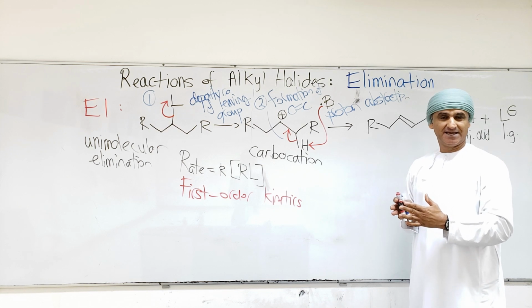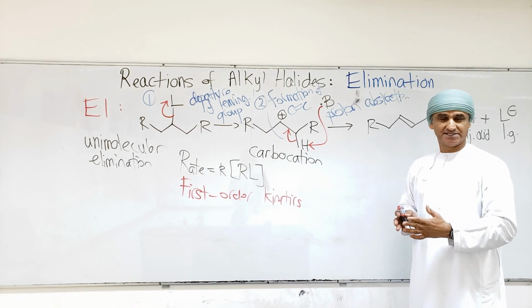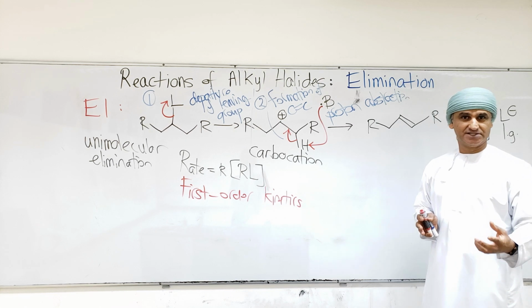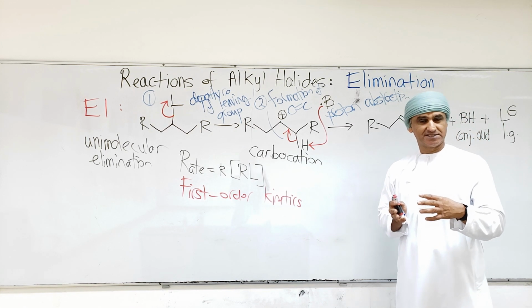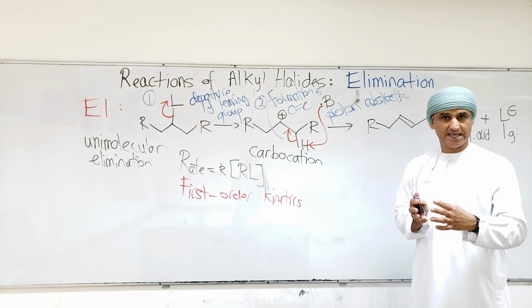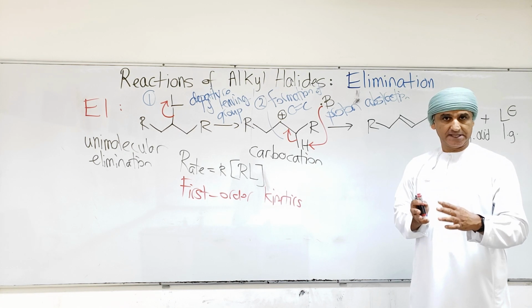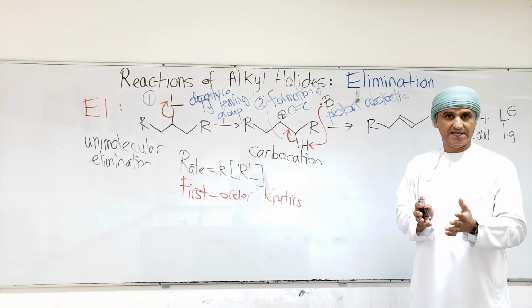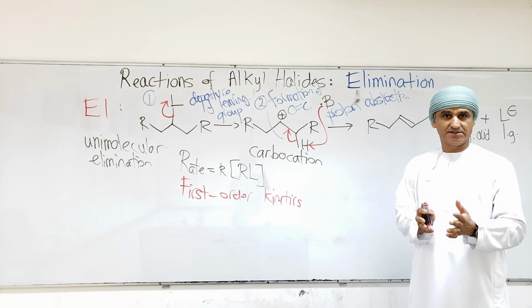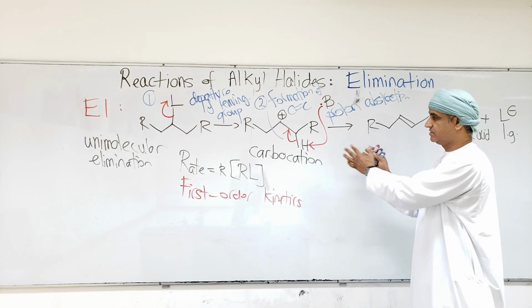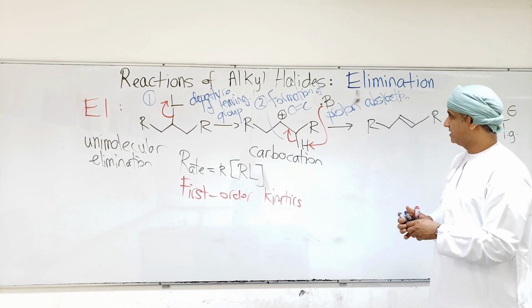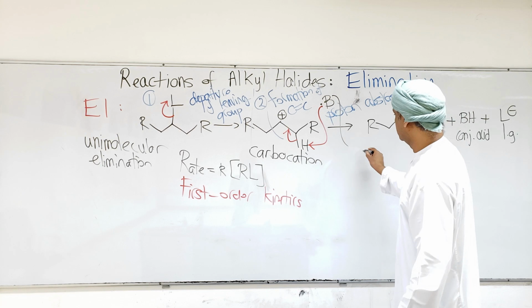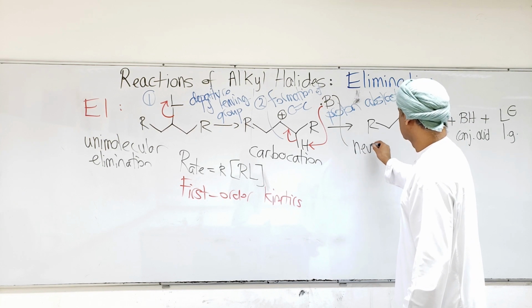This is also similar to SN1 reactions. The nucleophile in SN1 reactions should not be strong, because in SN1 reactions, the nucleophile reacts with an already electrophilic carbocation intermediate. The same thing here, the base reacts with an already electrophilic carbocation intermediate, so the base doesn't have to be strong, so neutral base will do.